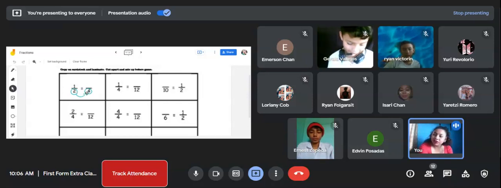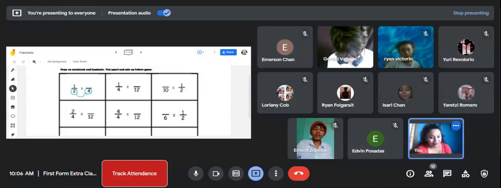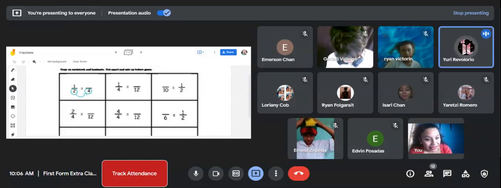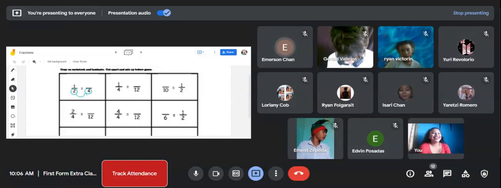What did I do to the 2 so that it becomes a 4 in multiplication? By 2, very good, because 2 times 2 gives me 4.